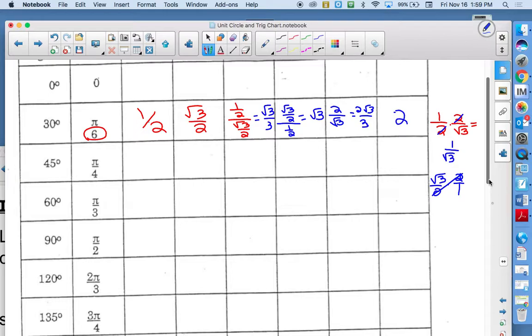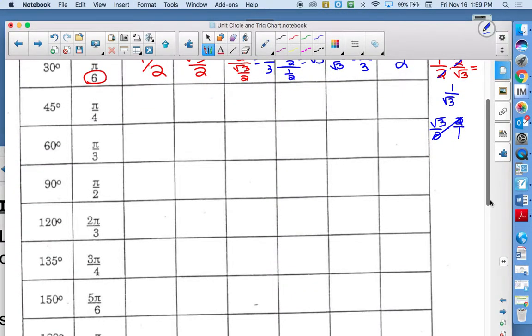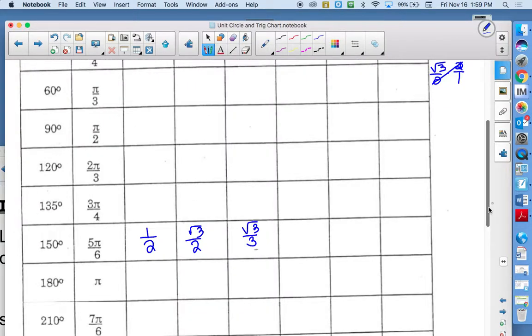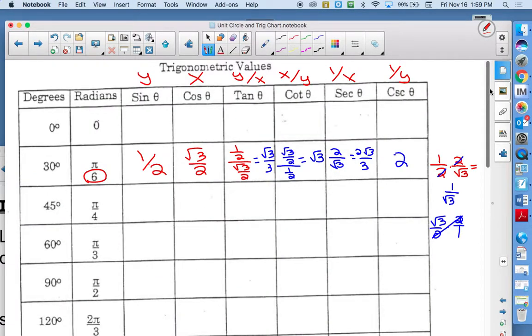So then if you go down to the next 30-degree angle and just write all those values down, you're just repeating these numbers. This is the square root of 3 over 3. The next one's the square root of 3. 2 square root of 3 over 3, and then 2. And then anything that has an x above it would be negative.